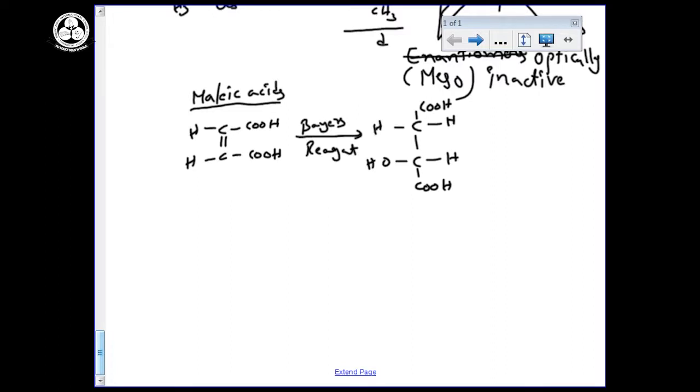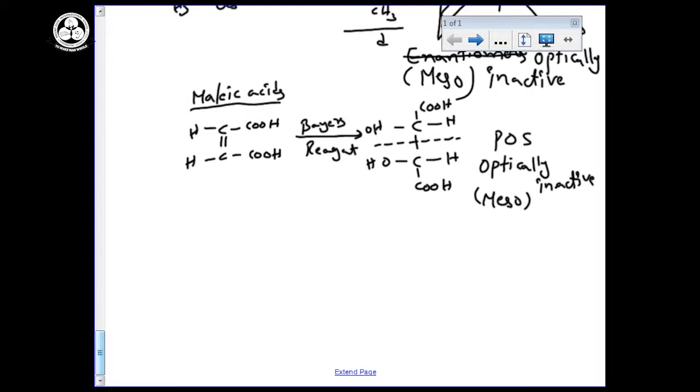See, in this compound there is a chiral carbon but there is a plane of symmetry. So a plane of symmetry is possible. If the plane of symmetry is possible, the compound is optically inactive. Optically inactive means it can form the meso compounds.